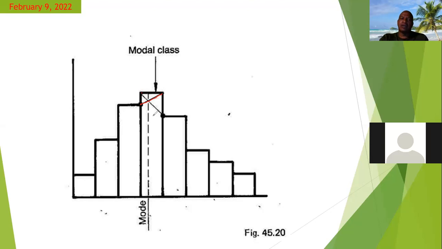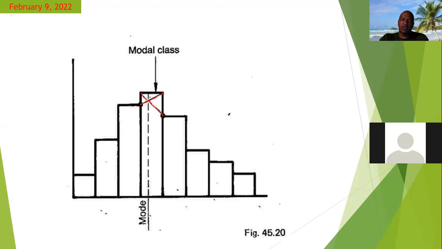Right. And so from the corner of this left rectangle, we draw a diagonal line up to the corner of the top of the highest rectangle. And then we do the same for the rectangle on the right. From the corner of that rectangle, we draw a line to the upper corner of the highest rectangle.